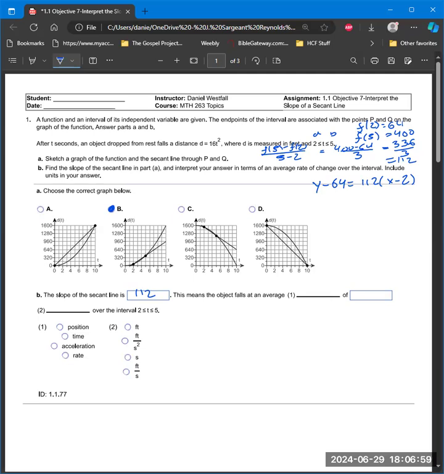We just found it, which means the object falls at an average rate of 112 feet per second over the interval of time from 2 seconds to 5 seconds. So there we go.